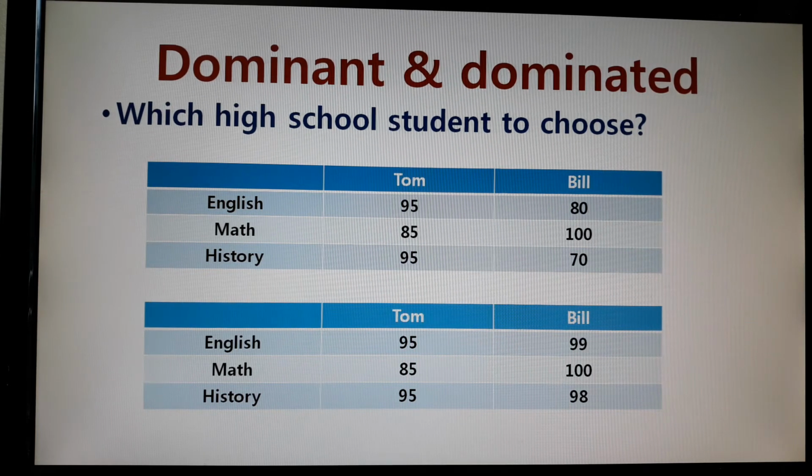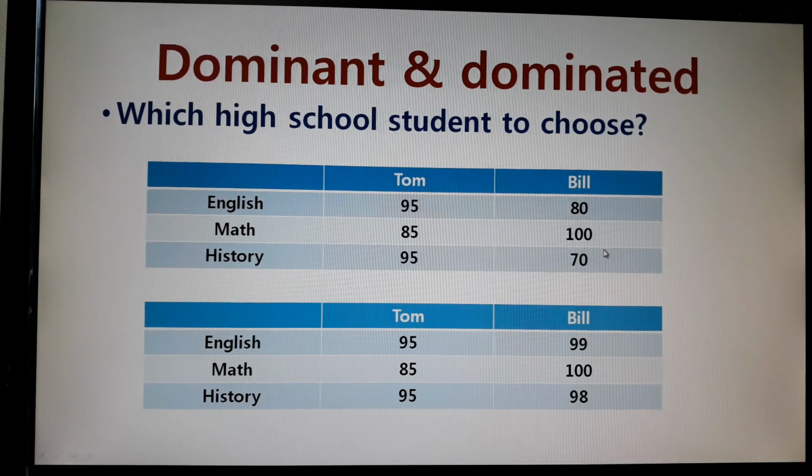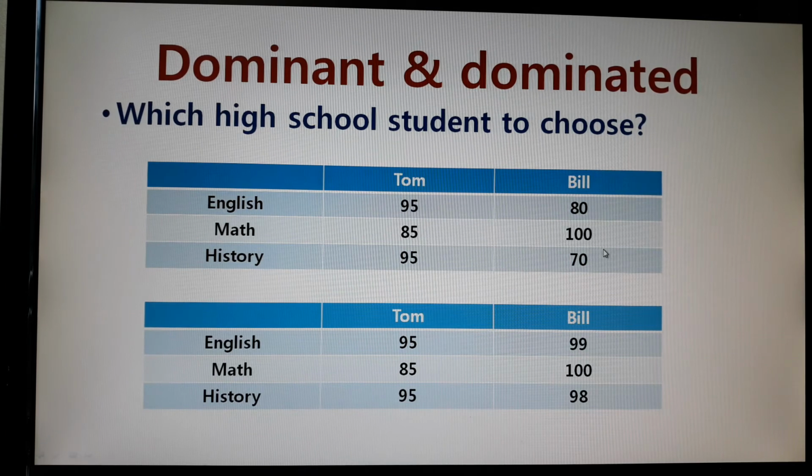Honestly, as an economist, I'm not sure which one I should choose. Maybe Bill, because we need mathematics, but I'm very shaky about the history score of Bill. I mean, he cannot be really a good economist if he is not interested in human beings, I don't know.